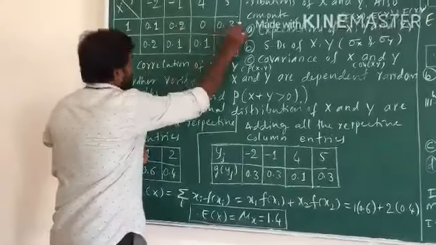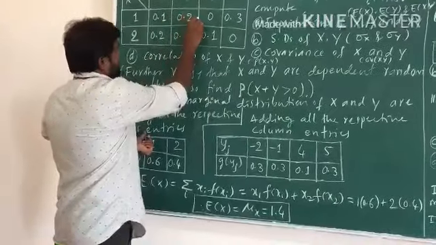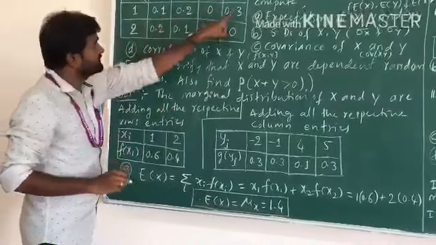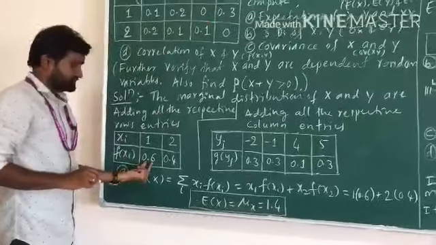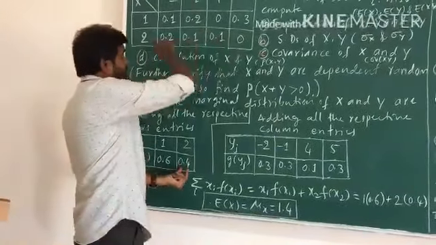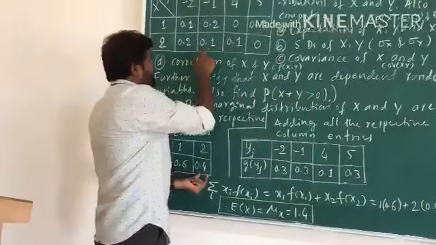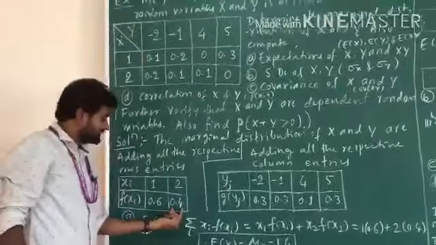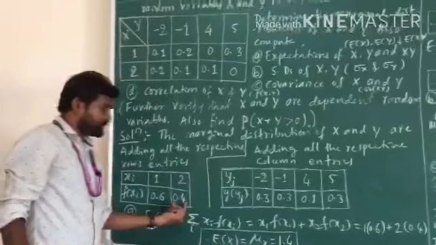So this row: 0.1 plus 0.2 plus 0 plus 0.3 equal to 0.6. This is f of x1. Similarly, the second row: 0.2 plus 0.1 plus 0.1 is 0.4. So this is f of x1, this is f of x2.